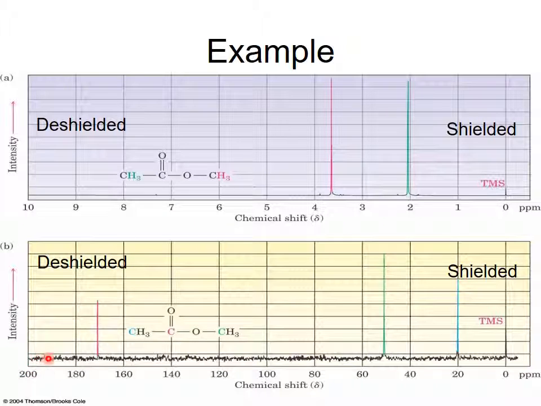You can see there's a lot more noise in a C13 NMR, and that's because there's a lot of protons with a mass of 1 in any organic molecule. But in any organic molecule, there's only isolated cases of carbon-13. It's at about 1% abundance. And so to detect it, we have a lot more noise, and the peaks are weaker with regards to the noise.